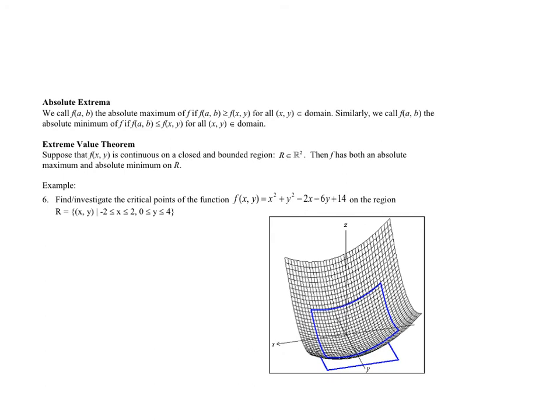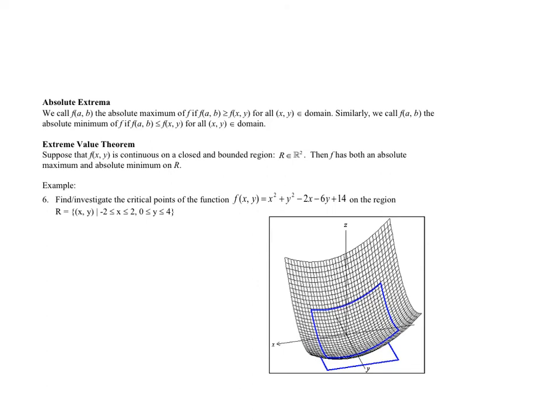All right, this point is lower, physically lower than all the other points in that domain. The extreme value theorem supposes that f of x comma y is continuous on a closed and bounded interval. All right, so real numbers in two space, then f has both an absolute max and an absolute min in R. All right, so that's the same thing as Calc 1.